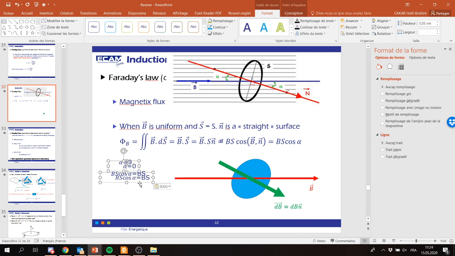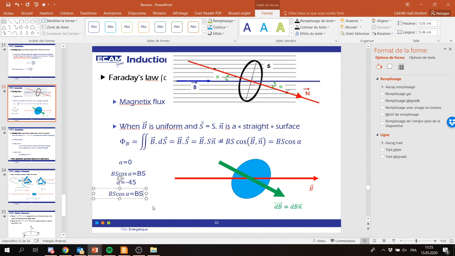I want to make it something like 45 degrees, minus 45 degrees, let's say, and it will be BS over square root of 2, the cosine of 45. It will be a minus sign, but we don't care.